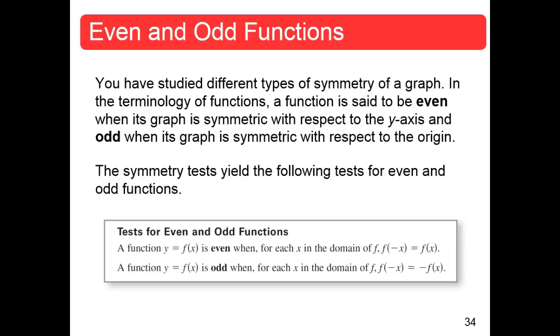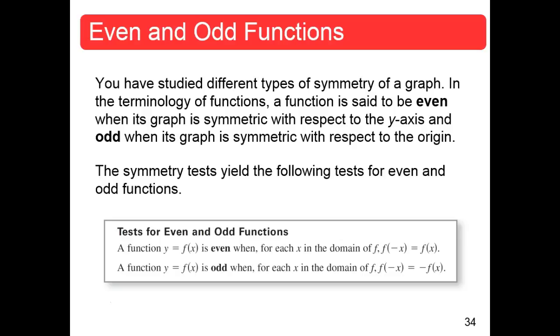Now, how do we determine if it's an odd function? Well, for every x in the domain, if you put a minus x in for x, and it comes out exactly the same, it's an even function. If it comes out exactly the opposite, it's an odd function.